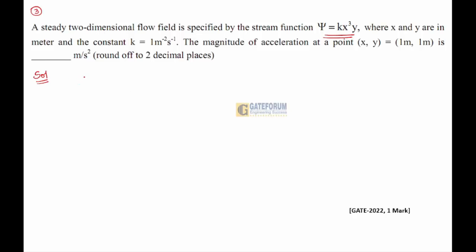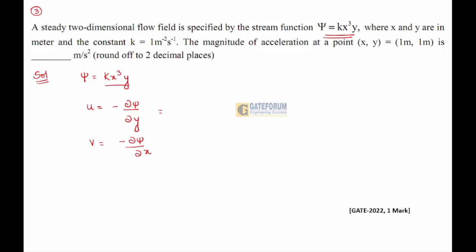Right. When you take the given stream function, he has given psi is equal to k x cube y. The value of k is 1 by meter square second. Now, we know that u is equal to dou psi by dou y and v is equal to minus dou psi by dou x, the stream function equations.